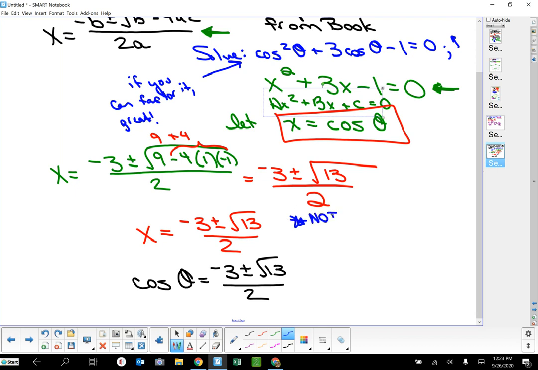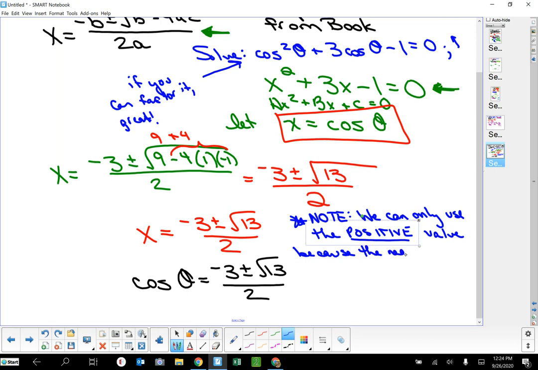Note: we can only use the positive value because the negative one will give you an error when you try to solve this in a calculator.